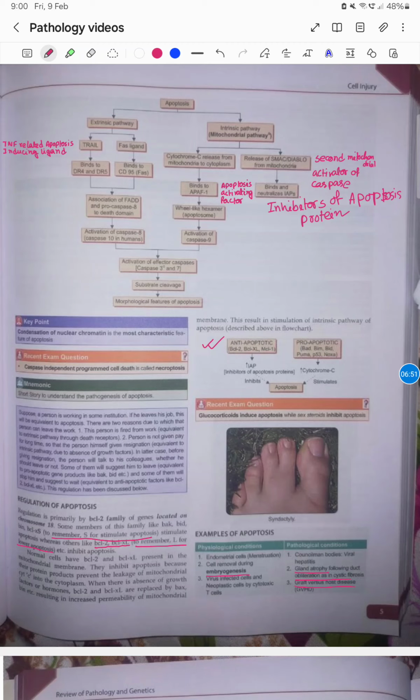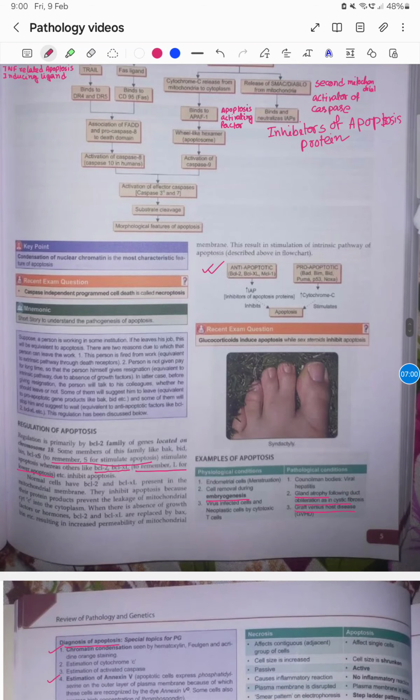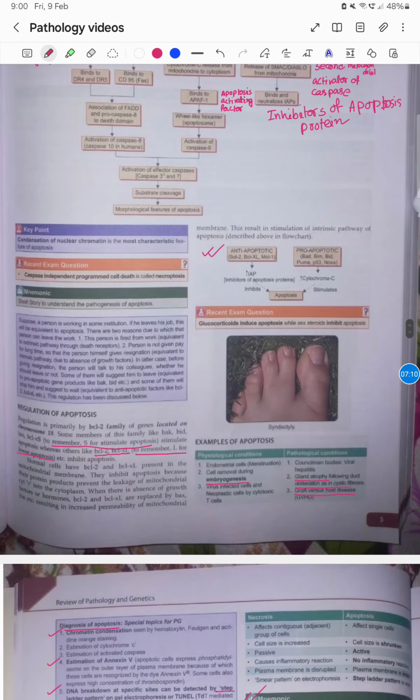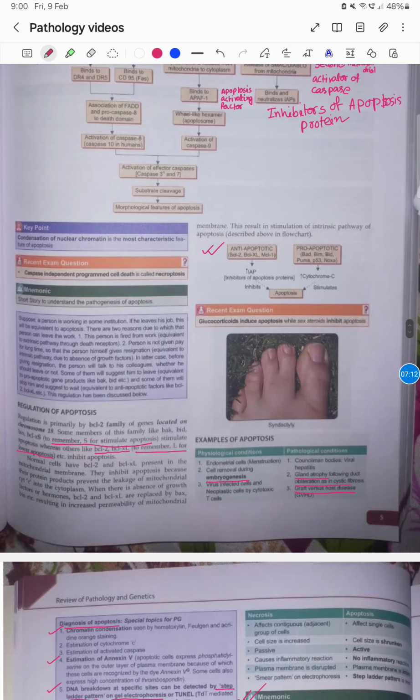SMAC stands for second mitochondrial activator of caspase, that will bind and neutralize the IAP, inhibitor of apoptosis protein. Now we can see through the extrinsic pathway caspase 8 is activated and through the intrinsic pathway caspase 9 is activated. Now combined effect, activation of caspase 3 and caspase 7, substrate cleavage and morphological changes of apoptosis.